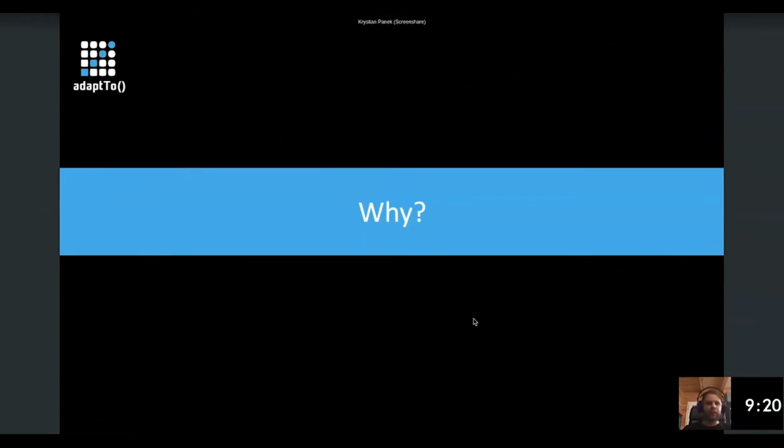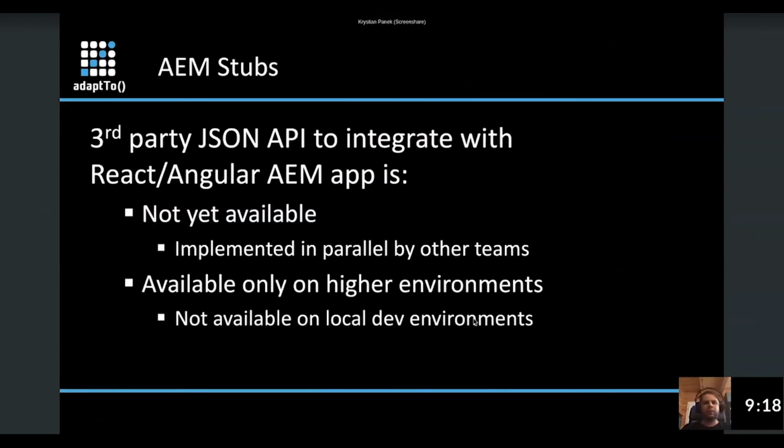And why? AEM developers are usually working with some external third-party APIs. For example, when we need to integrate some e-commerce API to be able to render components, rendering products, rendering product listing, and so on. But there are a few problems coming with this topic.